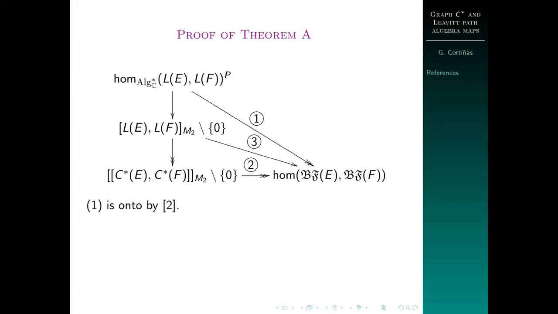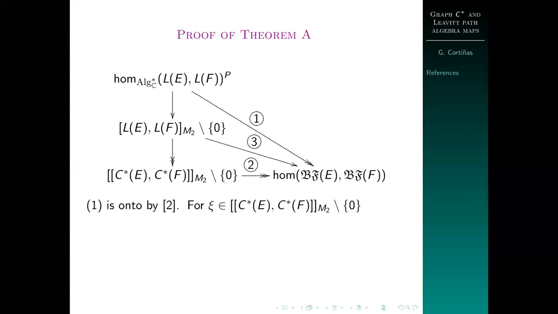So what I showed was that a homomorphism between Bauer-Franz groups lifts to a star homomorphism with property P. And moreover, that if the homomorphism between Bauer-Franz groups was unital, in the sense that it sent the distinguished element to the distinguished element, then you can lift it to a unital star homomorphism. Okay, so this map labeled 1 is unital, is surjective.